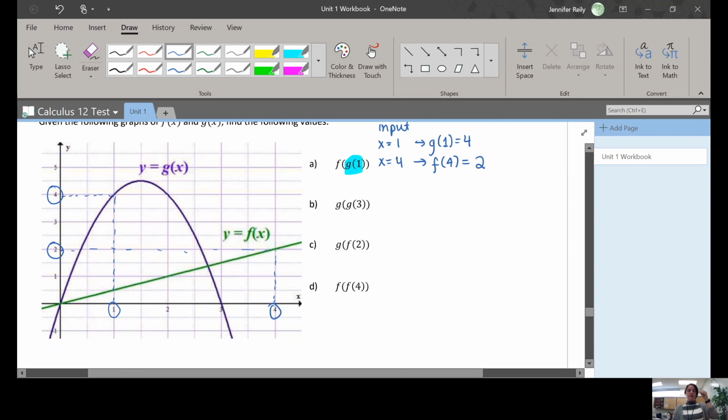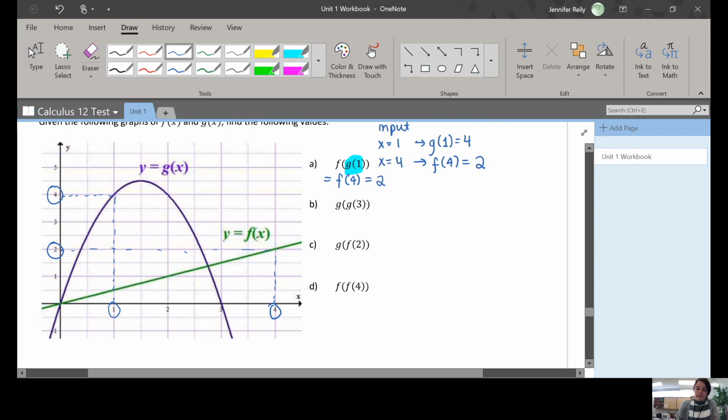So it's like you're doing 2 questions in one. So first you answer the inner bracket. So we found what g of 1 is equal to, that's 4. And then you could replace this with 4, and then you find f of 4, which is 2. So the answer is going to be 2. So I'll rewrite this underneath. So we found the answer to g of 1 was 4, and then that became 2. So you start on the inside and work your way out.